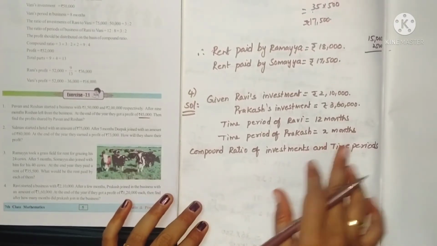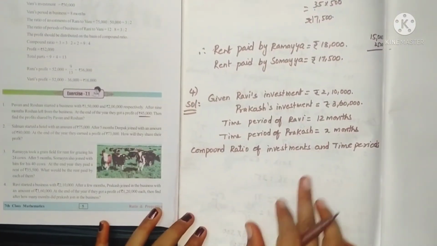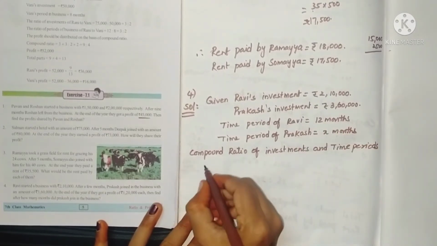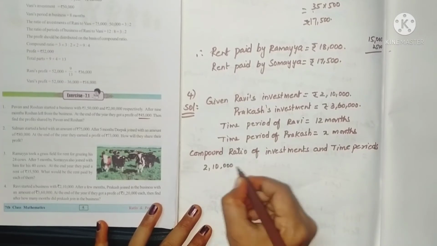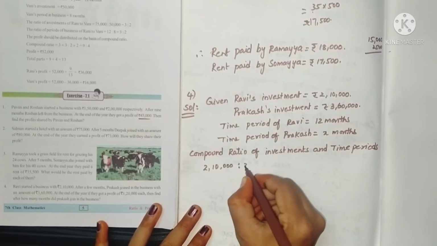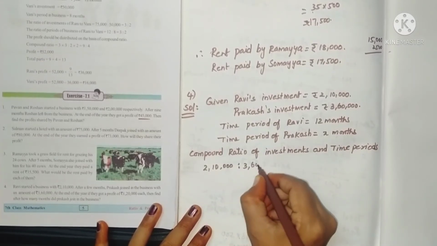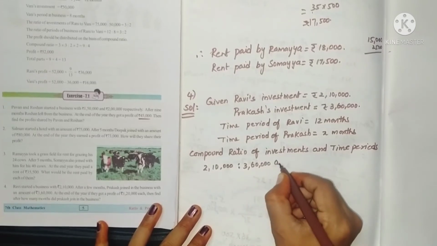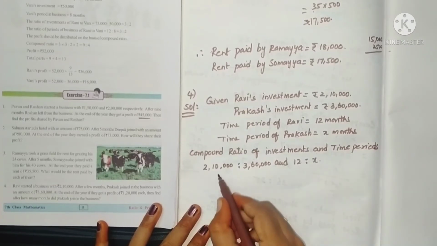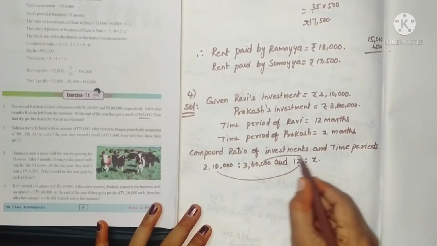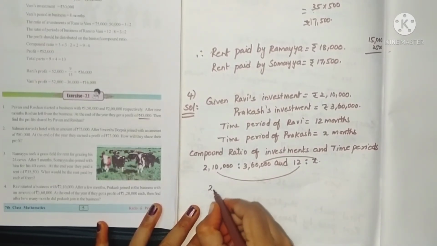Okay. So compound ratio of investment and time period. Just write 2,10,000 is to 3,60,000 and 12 is to X. Compound ratio, first product of first terms, product of second terms.